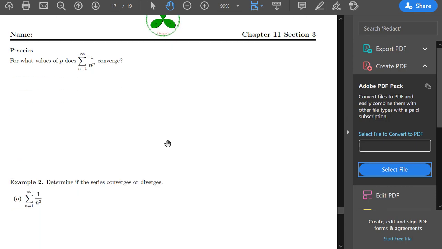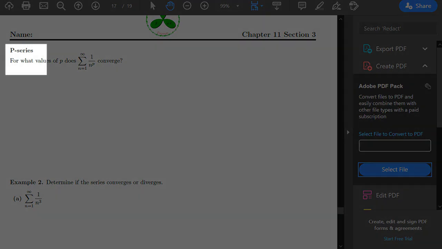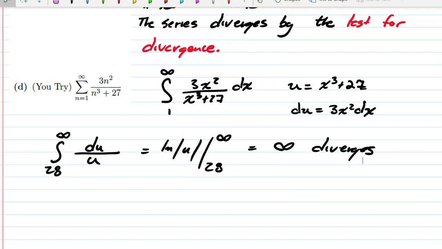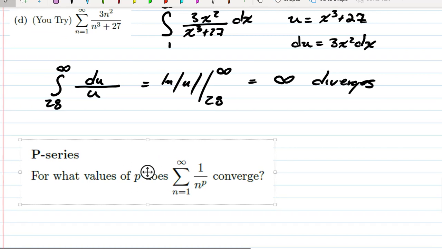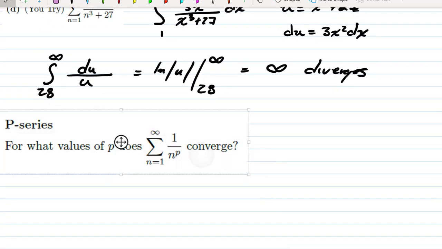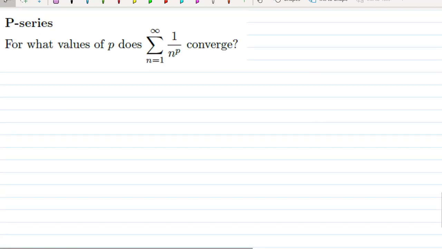All right, so the next thing we want to talk about is a specialized form of the integral test. This can often be used instead of the integral test for certain simple series, and it can be combined with some other tests. It turns out that it is pretty helpful for doing certain things.